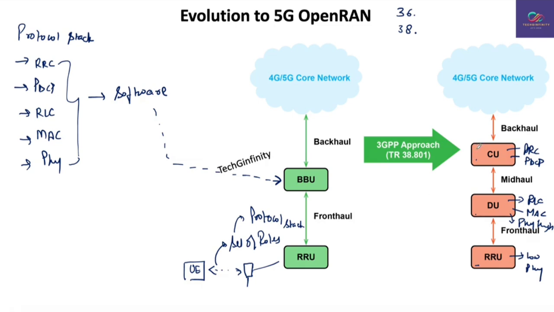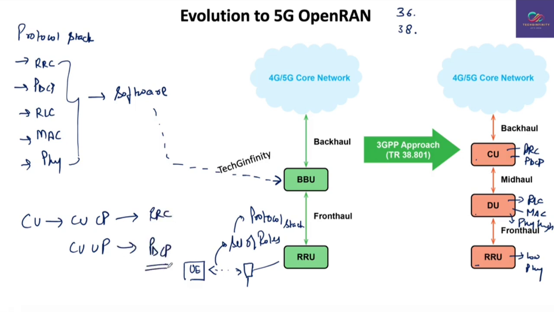And when you say CU, some vendors come up with the disaggregation of CU into CU-CP, that is control plane, and CU-UP. When you say CP, this is your RRC. It looks after the RRC protocol stack layer, and this looks after your PDCP.